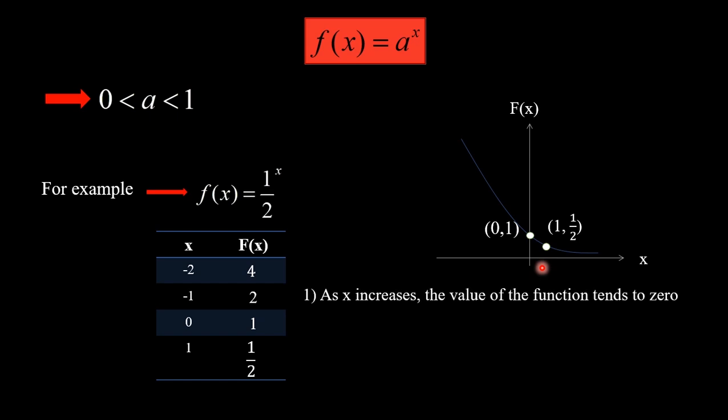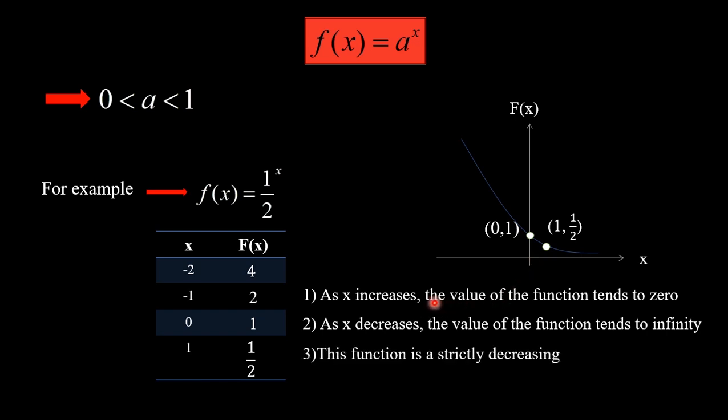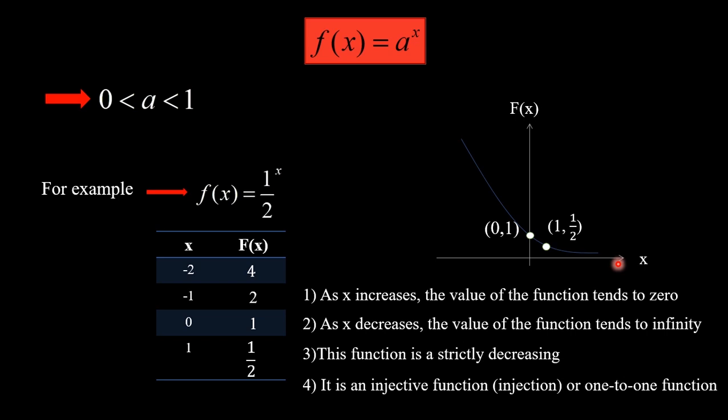As x increases, the value of the function tends to 0. Number 2. As x decreases, the value of the function tends to infinity. Number 3. This function is strictly decreasing, as you can see. Number 4. Similarly, this function is also injective.